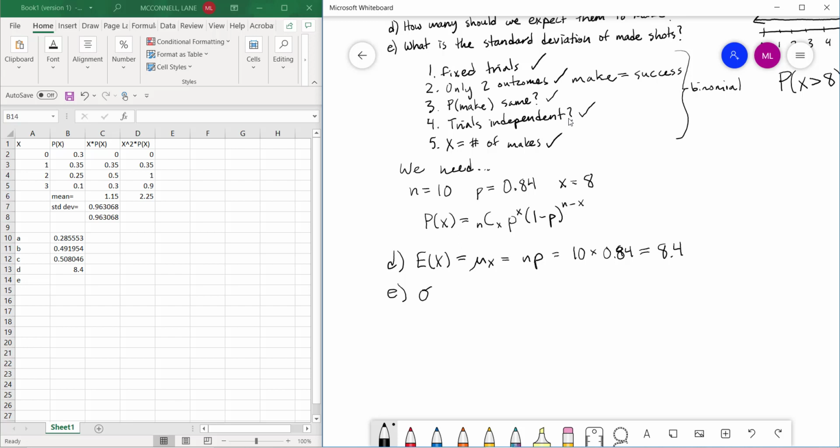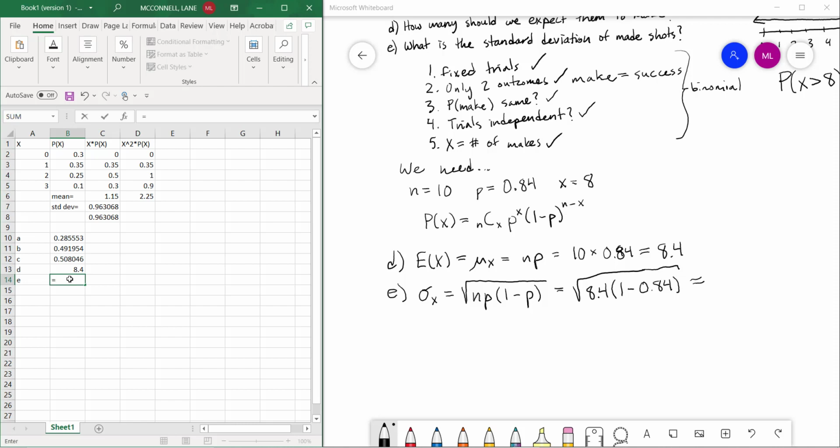So if I want the standard deviation of the number of made shots, when you're dealing with a binomial distribution, and again, these formulas only apply to binomial distributions. They don't work in general. But for a binomial distribution, that's the square root of n p times 1 minus p. And for us, we already found what n times p is. It was 8.4. So for us, that's going to be 8.4 times 1 minus 0.84. And so we can plug that into either a calculator or we can do it here in Excel.